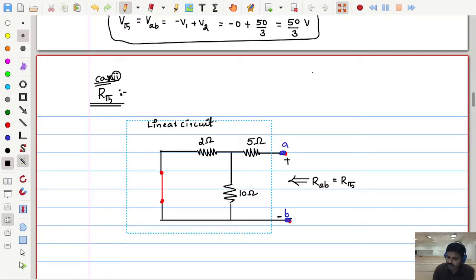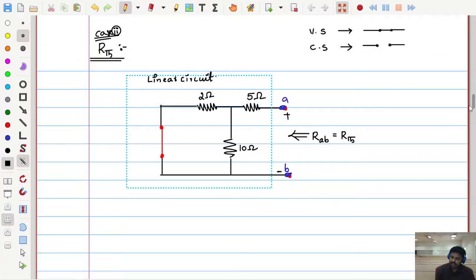So let me write here: all voltage sources are replaced with a short circuit to make them 0, and all current sources are opened to make them 0 while finding the resistance. Now it is a simple circuit where we need to find which elements are in series or parallel, and replace those two by one resistor, repeating that procedure.